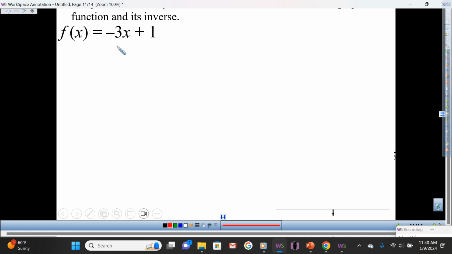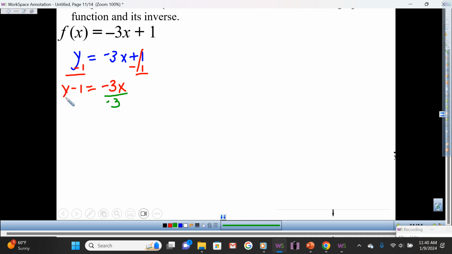So here we go. We need to find the inverse first. So what do we do? Yeah, you change f of x to y. So we end up with y equals negative 3x plus 1. From there we solve for x. Minus 1 minus 1. We end up with y minus 1 equals negative 3x. What's my last step?